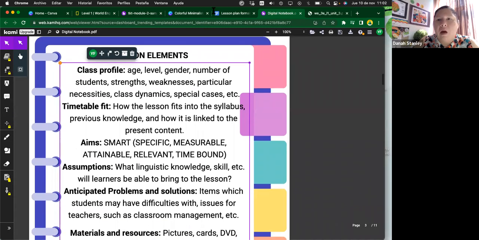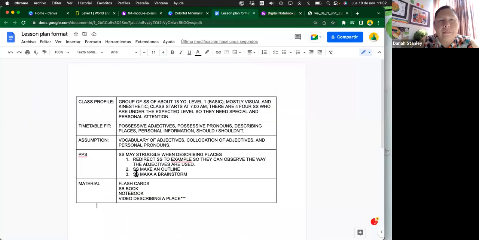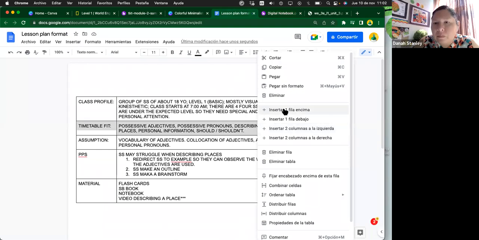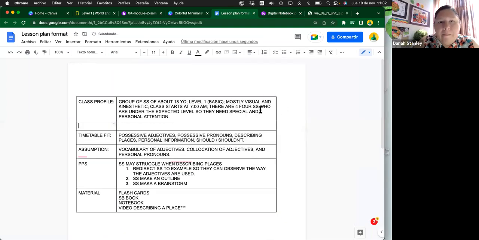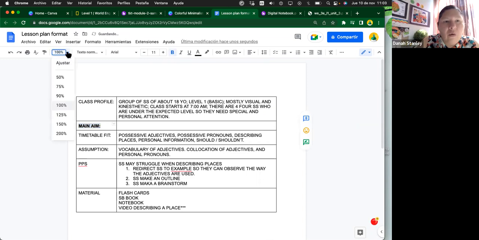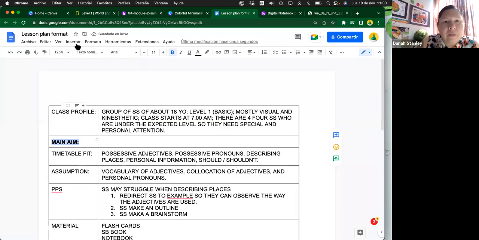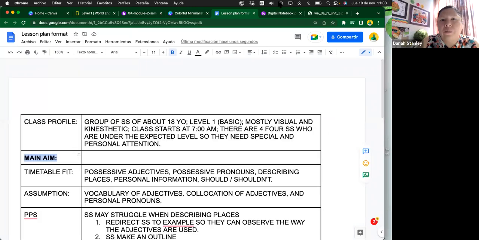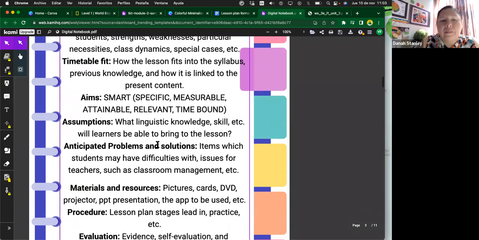Excelente. Ahora, pues aquí vamos a poner el main aim, la estrella. ¿Ok? Entonces, based on this, let's write together our main aim. Acuérdense, it needs to be SMART.